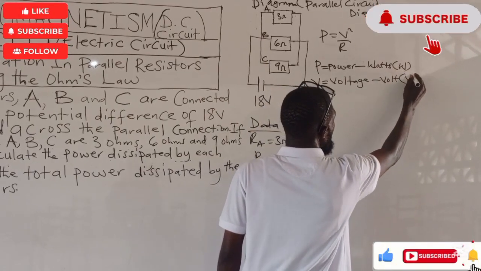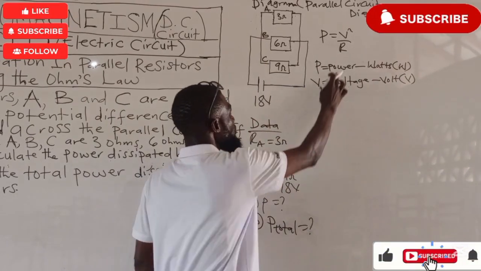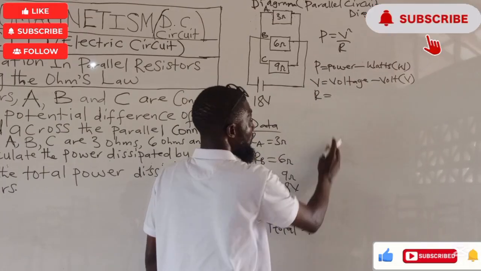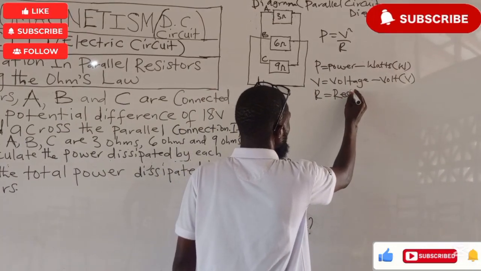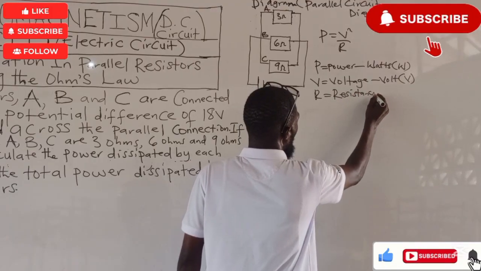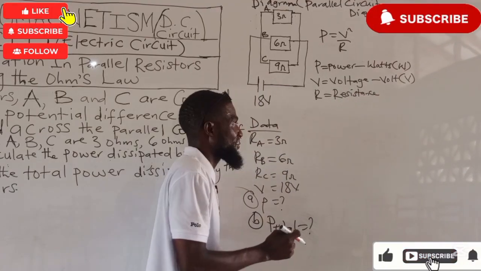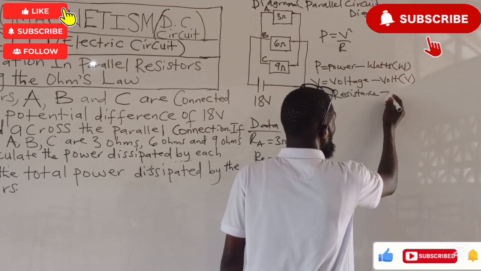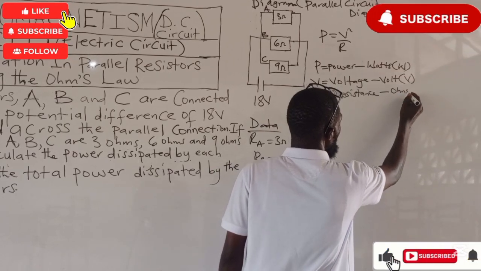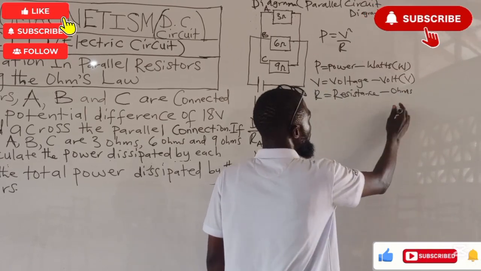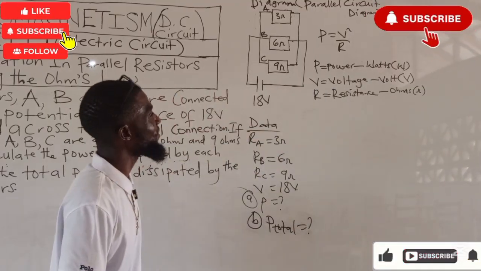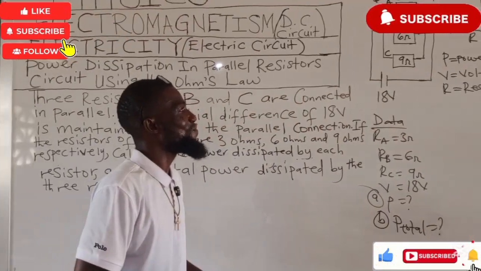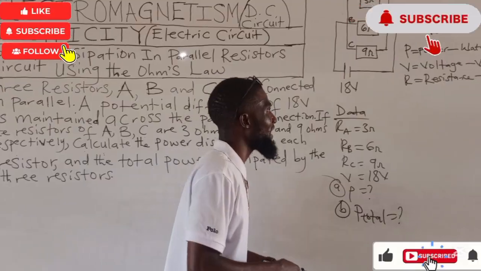It will be represented by V. We also have R. Remember, R will represent the resistance, or we say the resistors, and the unit for resistance is ohms, which has this sign.